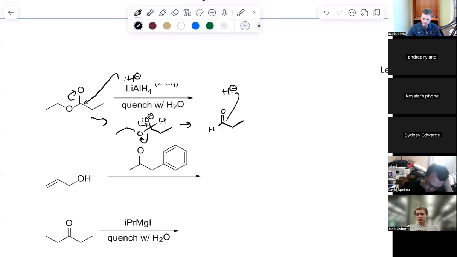And when I add in, I want to reform this carbonyl, but now I don't have any heteroatoms to kick off. So I'm going to take a hydrogen instead. Right, I've essentially reduced this all the way down to this.